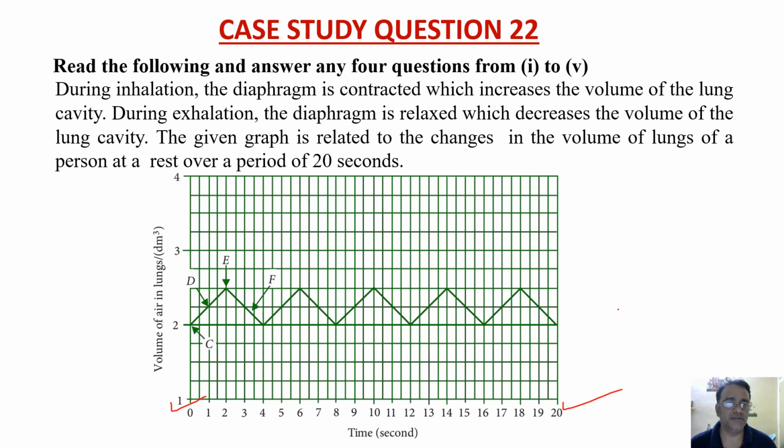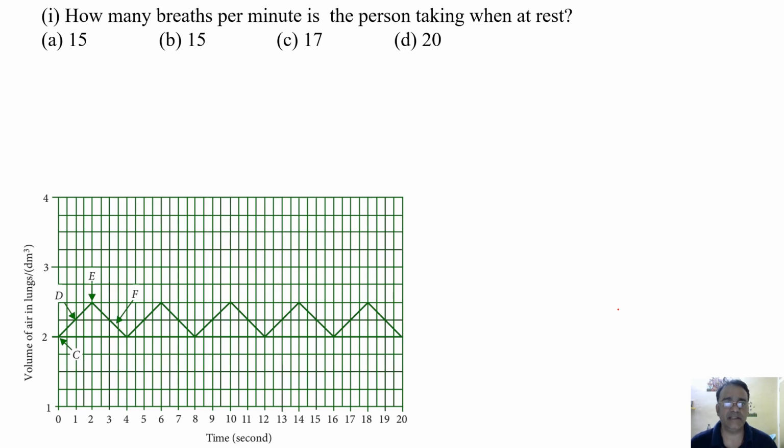So let us start with the first question. How many breaths per minute is the person taking when at rest? So see the graph. From the graph, the person is taking how many breaths? This is 1, 2, 3, 4, 5. 5 breaths in how many seconds? 20 seconds.